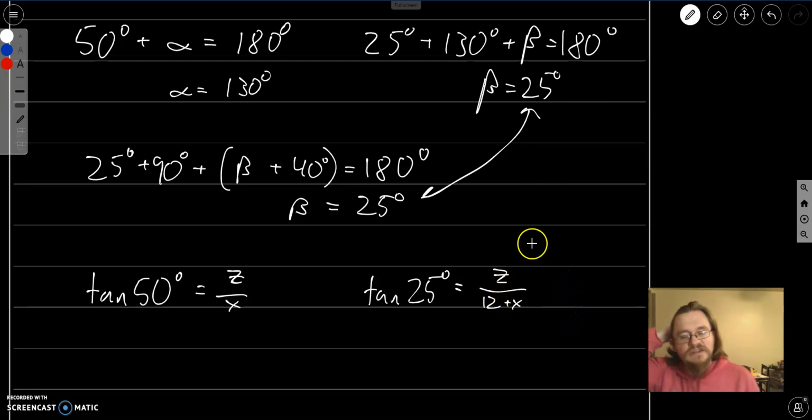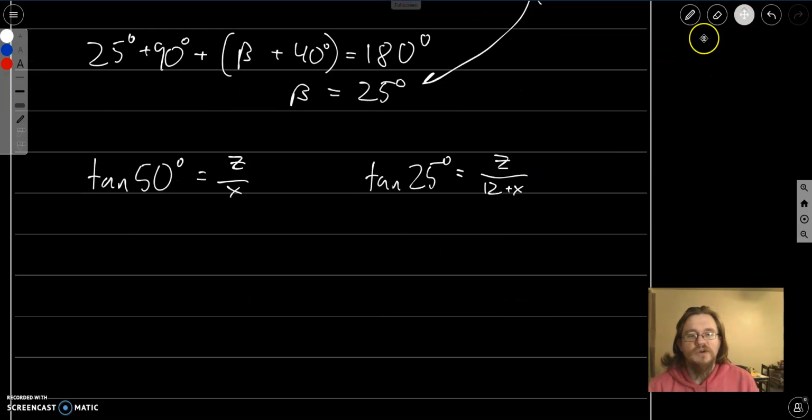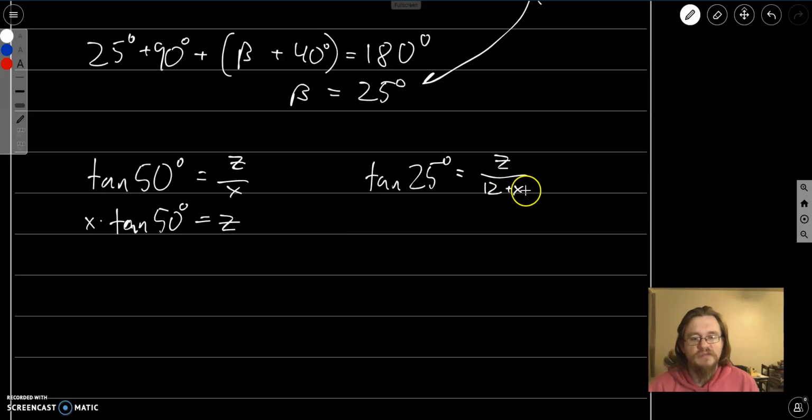And this is where we get to use some algebra to solve for these. Let's multiply both sides of this by x. We'll get x times tangent of 50 degrees is equal to z. And if I multiply both sides of this by 12 plus x, I get 12 plus x times tangent of 25, and that's equal to z.